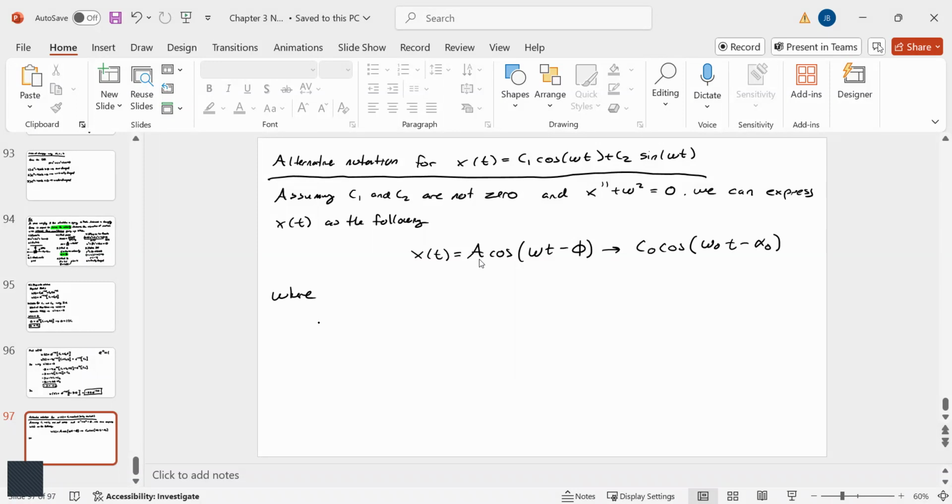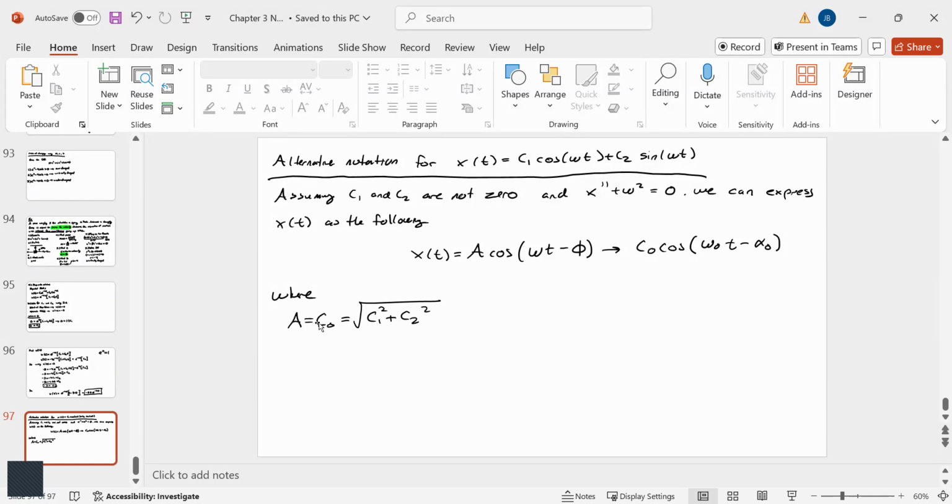Where A, which will be equal to C naught, is going to be defined as the square root of C1 squared plus C2 squared. So this is essentially the amplitude.